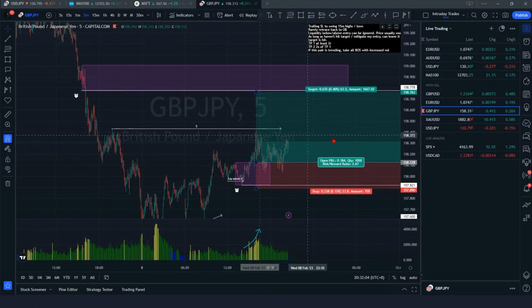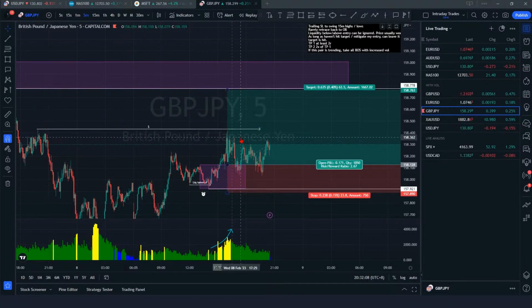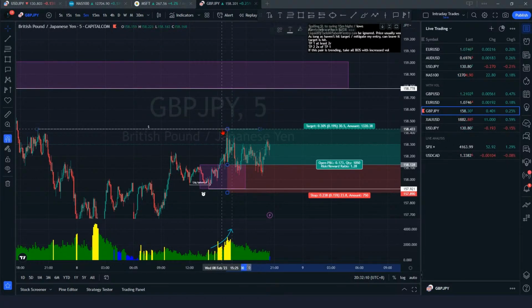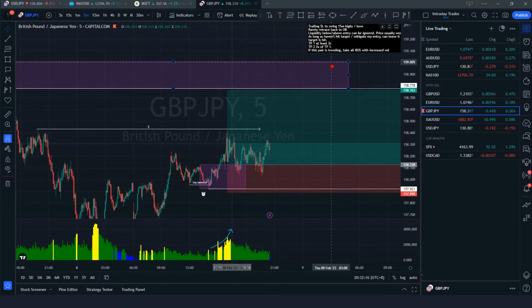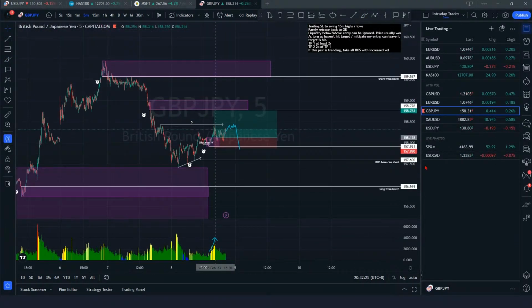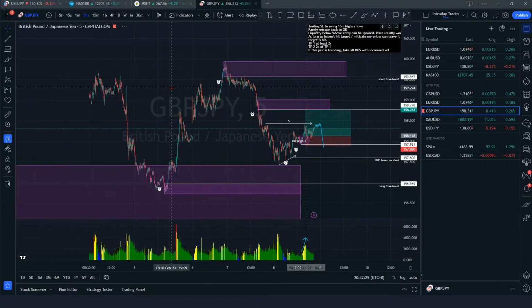All right, but technically the first target should be this equal highs, because what price could do is take out this equal highs and go lower from here, because on the higher time frame we are on a downtrend, right?